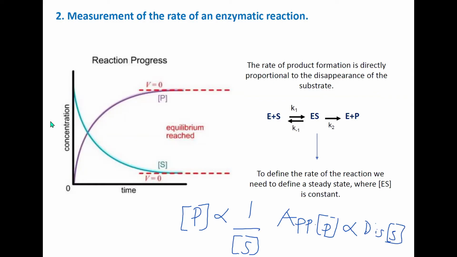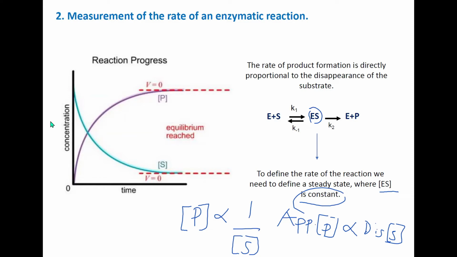To define the rate of the reaction, we need to define the steady state, where the enzyme substrate complex is constant. So when you have an enzyme plus substrate, it is going to give us an enzyme substrate complex.